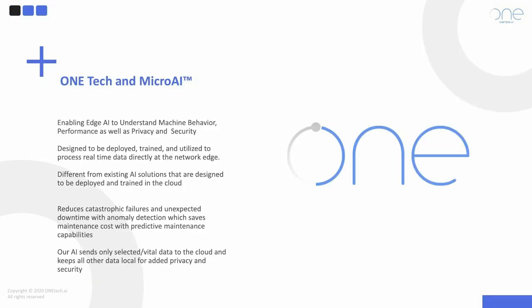So I know we covered quite a bit here. This is really a summary of what we've covered, right? So here at OneTech, with our product MicroAI, we're enabling Edge AI and really specifically endpoint AI, with now being able to successfully run in MCU environments.